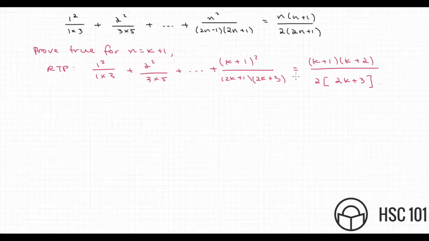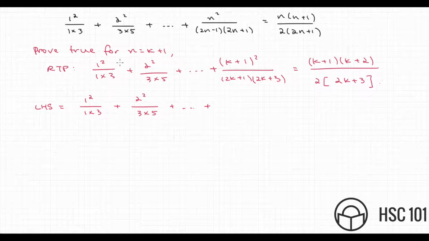So if we start off with the left-hand side, the left-hand side is equal to 1 squared over 1 times 3 plus 2 squared over 3 times 5 plus ... plus the last term, which is given by (k plus 1) squared over (2k plus 1) times (2k plus 3). But before I write down the last term, let us consider what comes just before it.